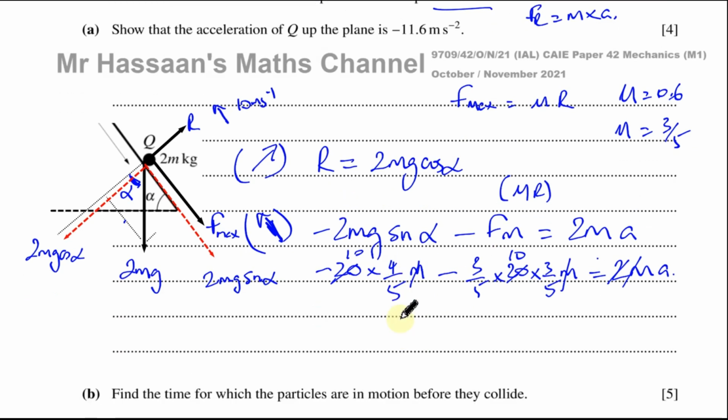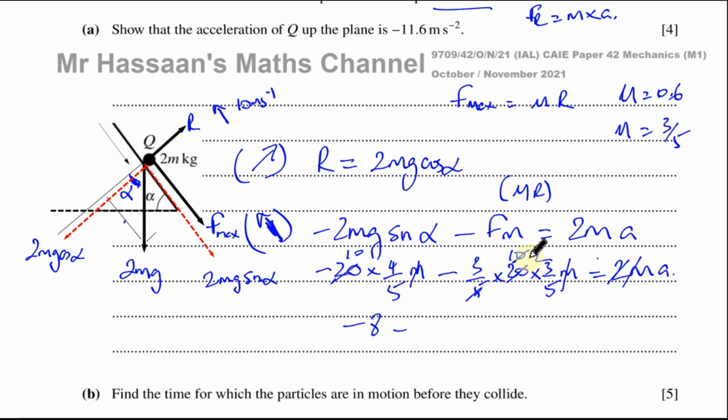So we'll end up now with minus 40/5, which is minus 8. Minus, let's see, this cancels with that. Minus 6/5 equals a. No, that's minus 6, sorry. It's minus 18/5.